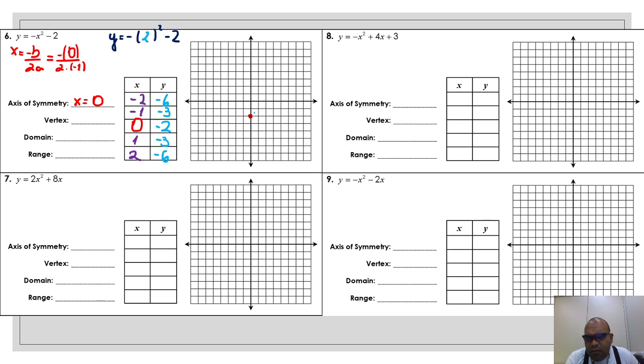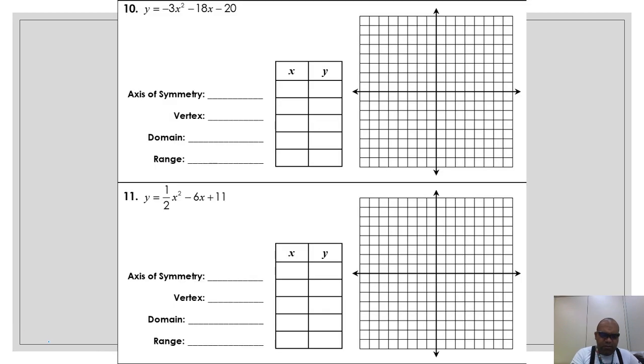And when x is negative 1, it's negative 3 also. And 2, negative 6. Negative 2, negative 6. Great.